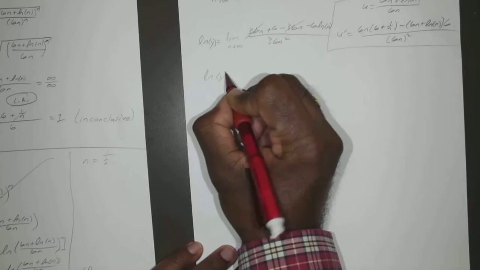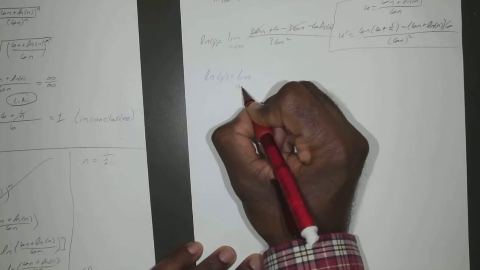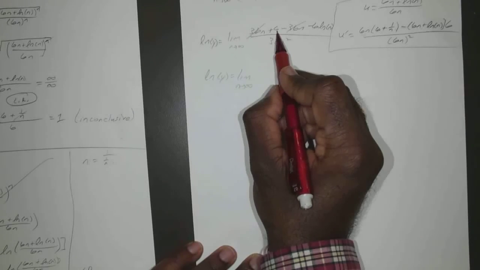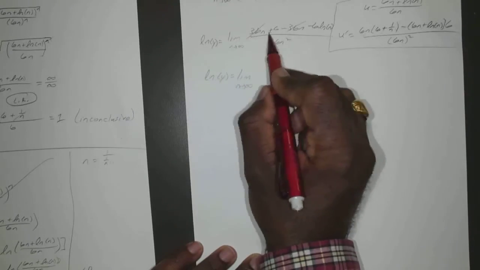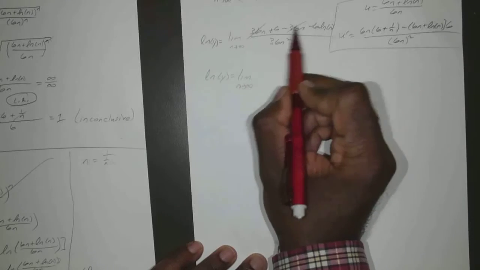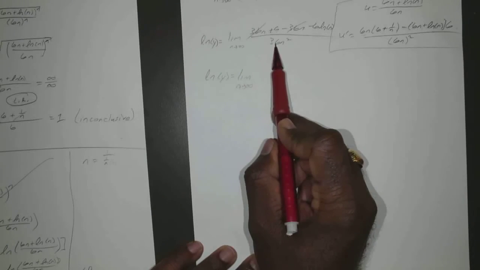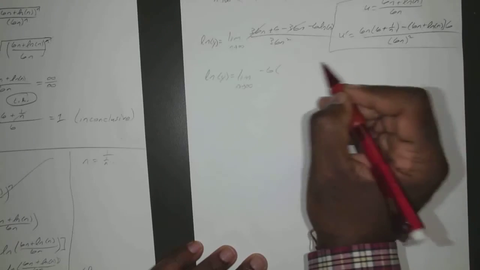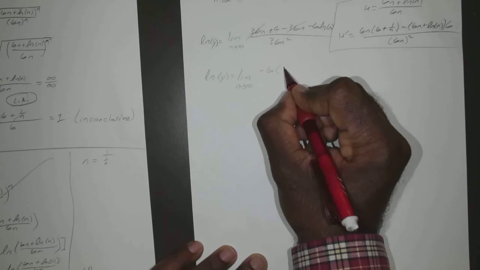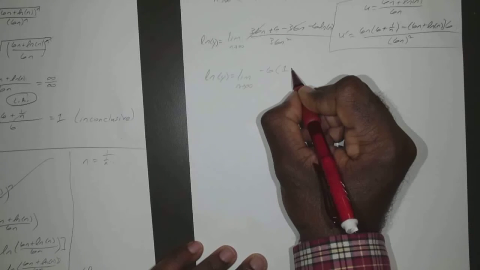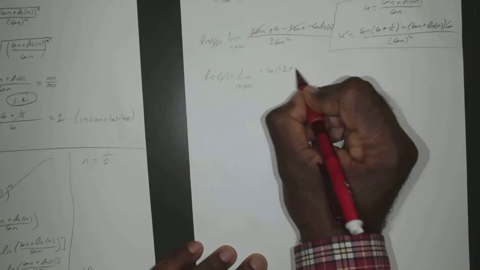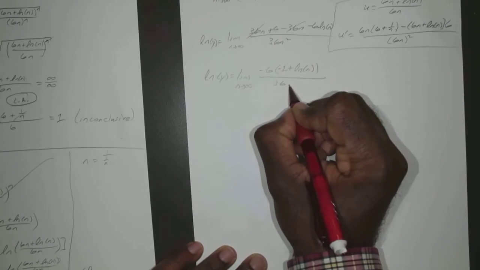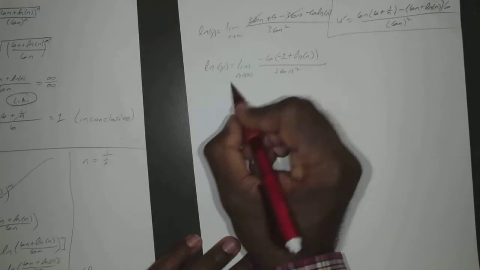So we have natural log of y is equal to the limit as n approaches infinity of 6 negative 6. We can actually factor out negative 6. When we factor out that negative 6, it'll cancel with that one. So we'll end up with negative 6 times 1, or negative 1, plus natural log of n, over 36n squared.